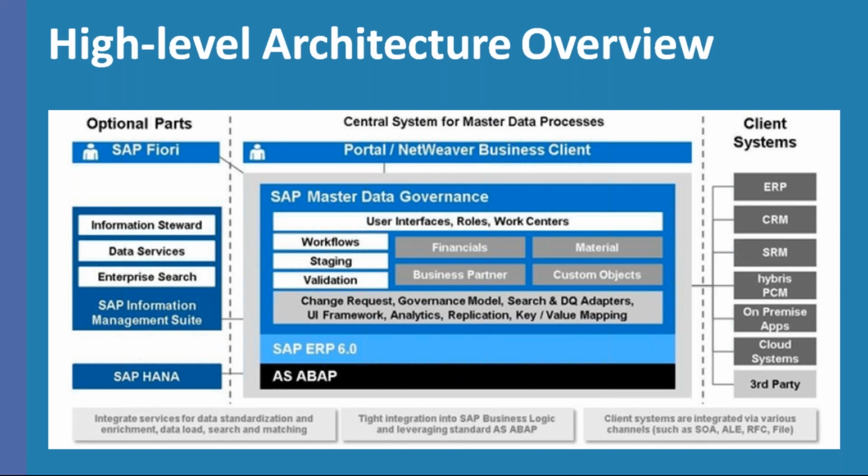In MDG, which is written in ABAP and sits on top of ERP 6.0, we have different master data domains: finance, material, business partner, and custom objects. It also has the data model, workflow, UI, validations, derivations, value mapping, key mapping, and replication.